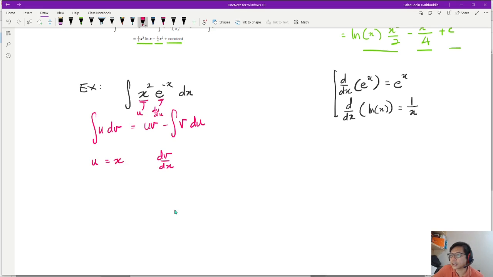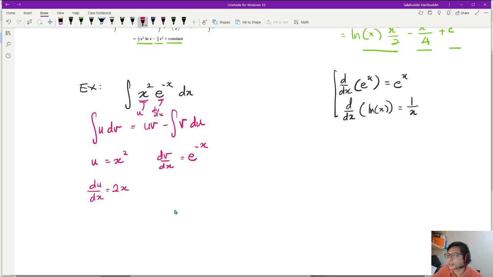So u is x squared, and du/dx is simple, it's just 2x.